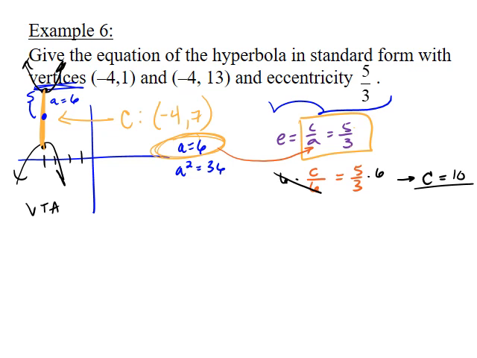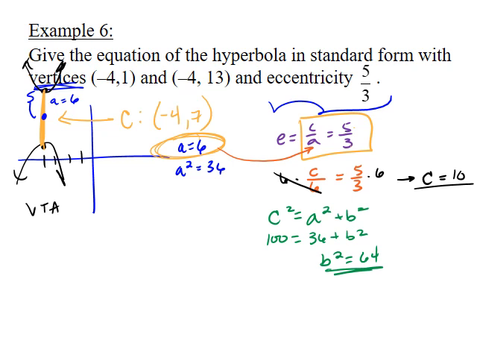If I know C and I know A, I can find B by using C squared is A squared plus B squared. C squared is 100, A squared is 36, so I can find that B squared is 64.